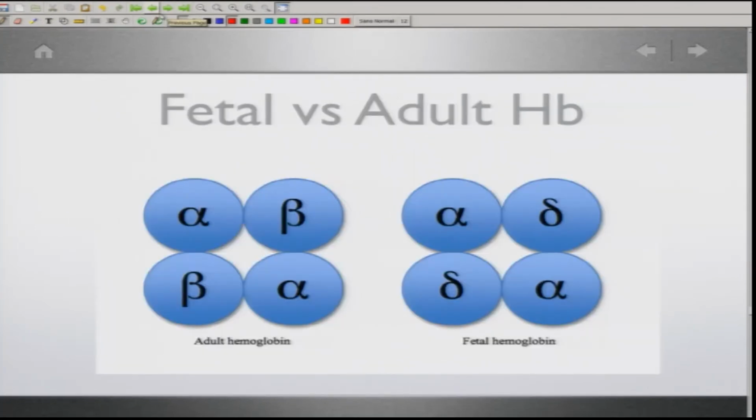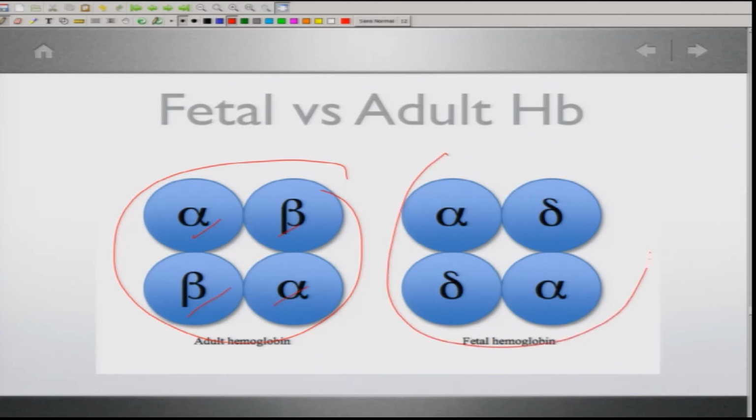The reason being, as I told you, this is the adult hemoglobin. You have the alpha, beta, whereas out here you have alpha, delta, delta, alpha. So essentially there is a shift like this, delta to beta, as we become older.